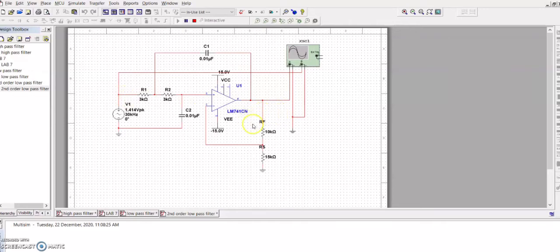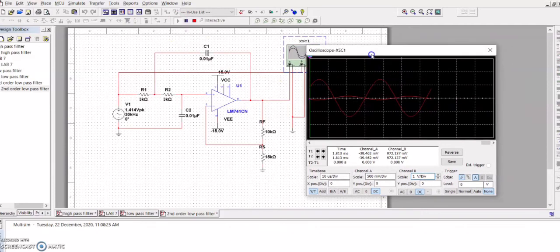Two extra resistors are added here, which are RF and RS. Now we are going to run it and see the waveform. The waveform is like this.